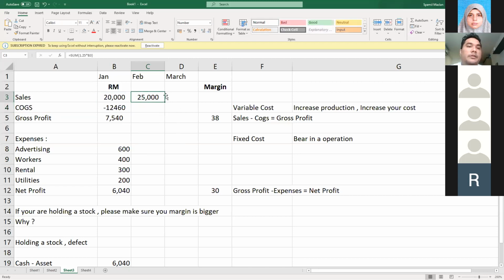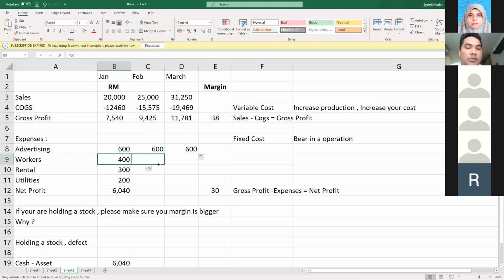Your next sale is about 35,000 and 31,000. And also your cost will increase by 25% in the next month. Now you have a gross profit. The gross profit will increase here. What we call fixed expenses may be fixed every month. Workers, maybe fixed, unless in March you want to add one more worker, 100.